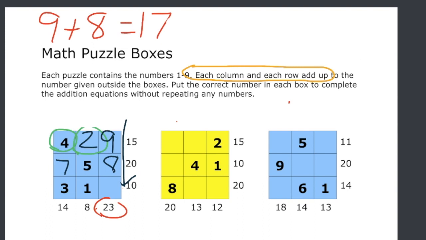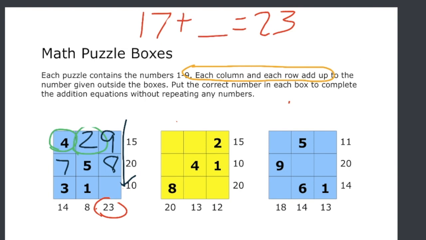All right. So we have that. And so now we know that part of the problem is 17. We also know part of the problem is equal to 23. All right, so now we have 17 plus something is equal to 23.